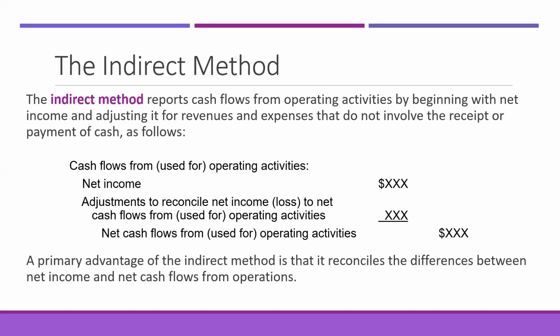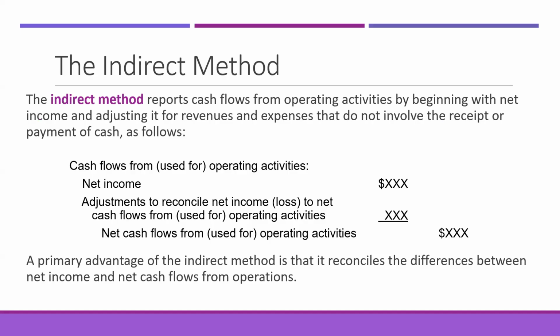To simplify things, with the indirect method, we take net income and then adjust it for all of the non-cash items, or items that did not affect net income, and then the changes in current liabilities and current assets that are in the operating activities category.